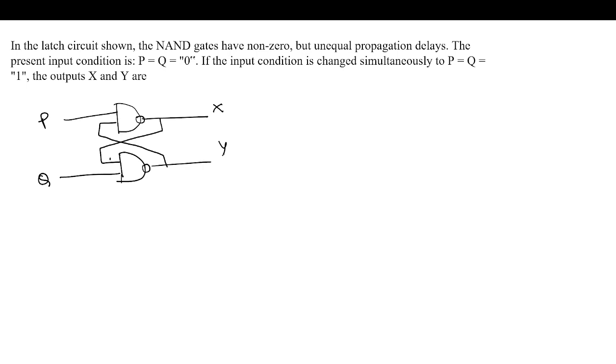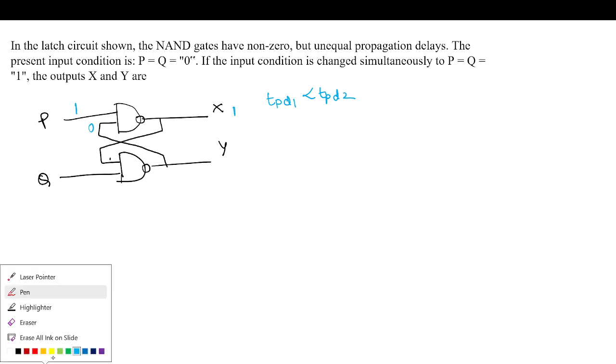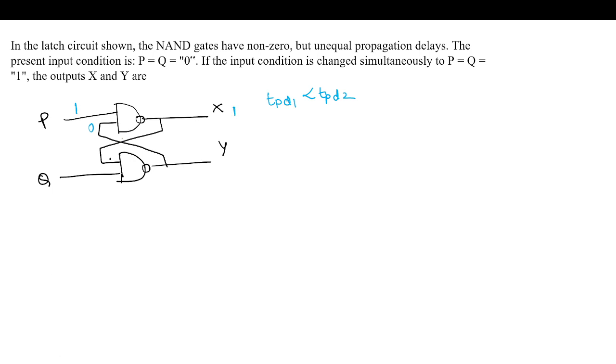X, Y. So X changes first and then Y changes if propagation delay of 1 is less than propagation delay of 2. So for the first output, when P is equal to 1 and Y is equal to 0, then X is 1. Next, this Q is 1, changed to 1, and this is 1.